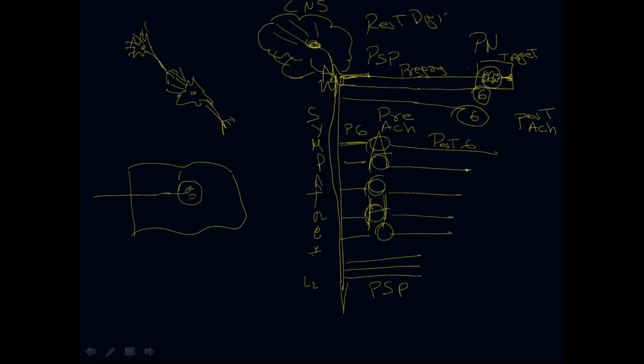But the difference here is the postganglionic sympathetic, which is going to release adrenaline. So you know that the acetylcholine is going to look for cholinergic receptors.